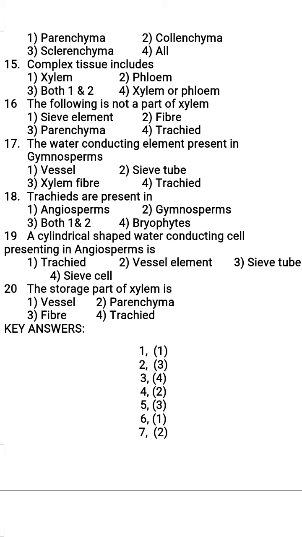What are those? Namely tracheids, also called xylem tracheids; vessels, also called xylem vessels; xylem fibers, and xylem parenchyma. The most important point is that gymnosperms, like Cycas and Pinus, lack vessels in their xylem. Please make a note of it.